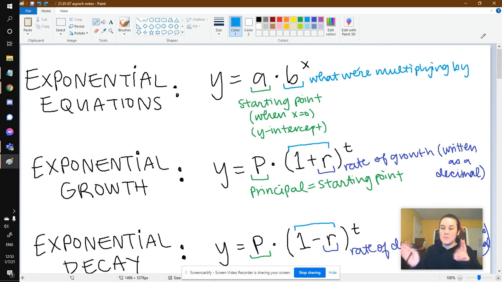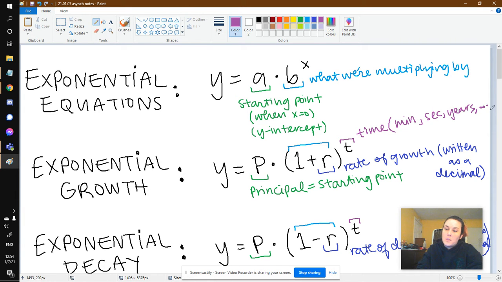So far, these are kind of the same equation. This t on both is time. We're just saying whenever we plug something in for x, here we're calling it t because it's always time. It can be minutes, seconds, years, kind of whatever the problem is talking about, right?